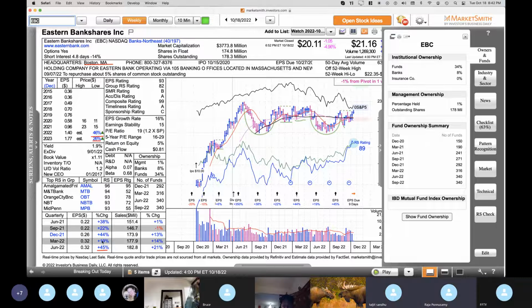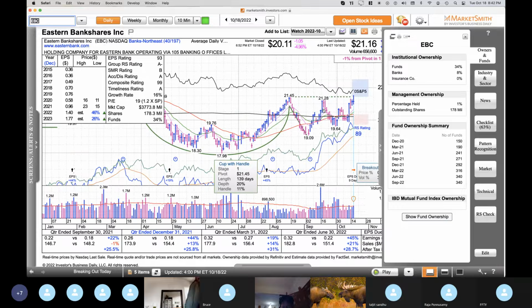I think he talked about FBP. FBP? Yes. First Bank, I think. Okay. So this is just, yes, it comes into the list because it belongs to the IBD. Yeah, First Bank up to 50, and then it just came above the pivot and then came back down. So it's not really, it didn't break out actually.